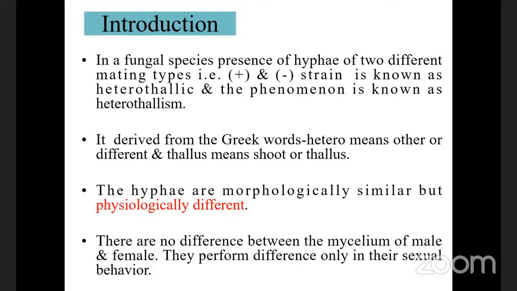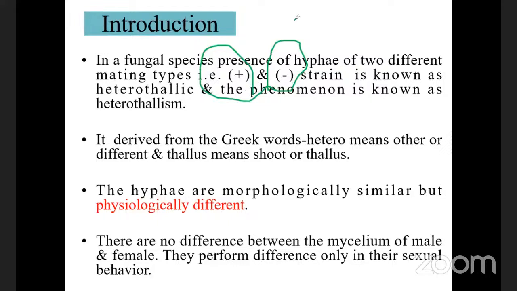One type of the fungal hyphae has the plus strain, and the other type has the minus strain. Plus strain and minus strain, as if female and male. Both types are there.